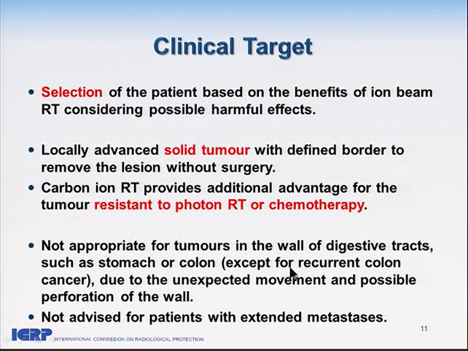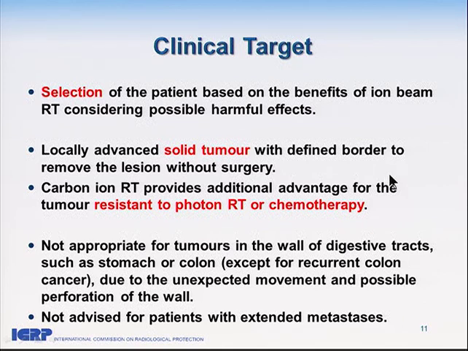So the first important part is justification. And this is based on the selection of the patient. And of course, this selection is based on the benefits of ion beam radiotherapy, considering the possible harmful effects. The most important target is a locally advanced solid tumor with a defined border, to remove the lesion without surgery.